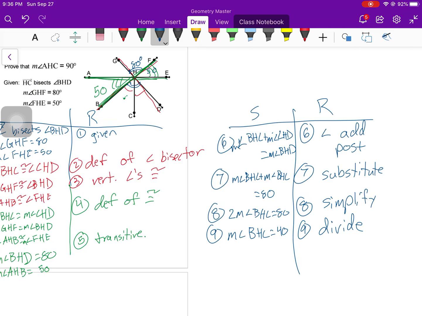So that tells me that if I do step 10, I can say that the measurement of angle AHB plus the measurement of angle BHC equals the measurement of angle AHC. I can say that's my angle addition postulate again.